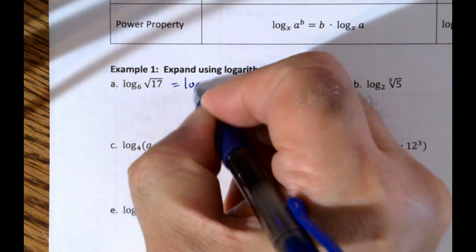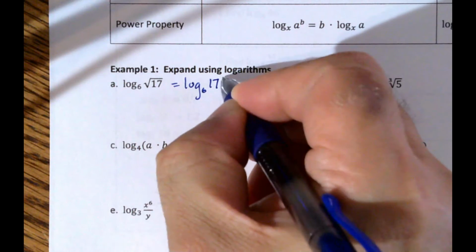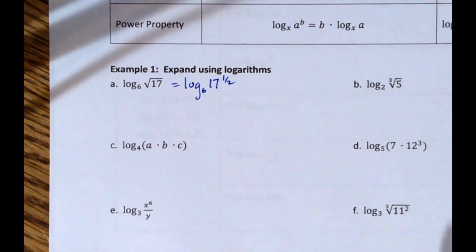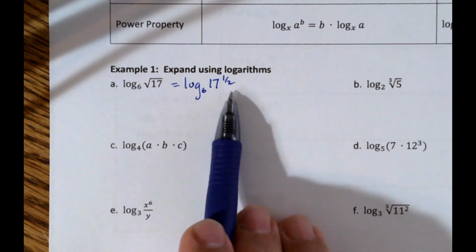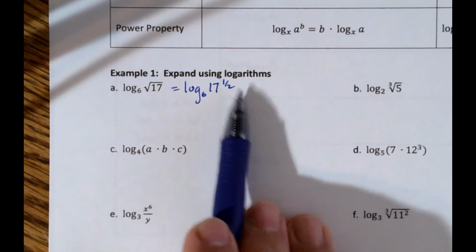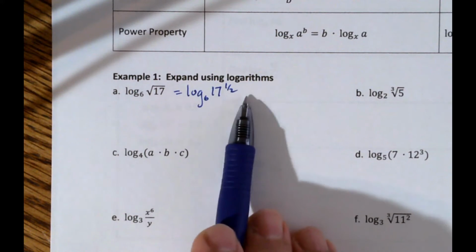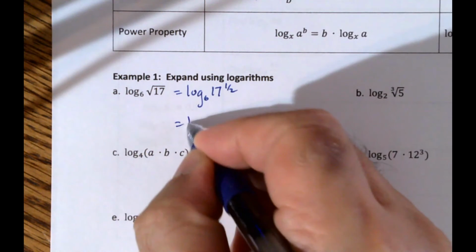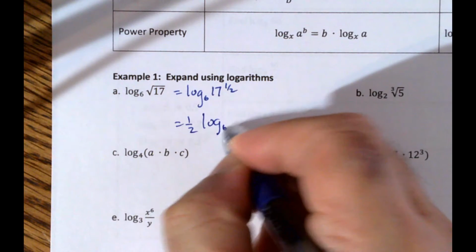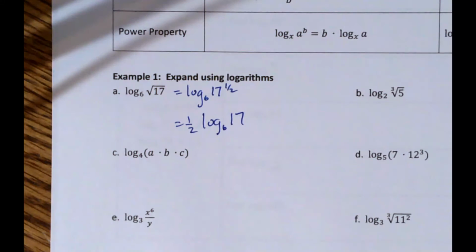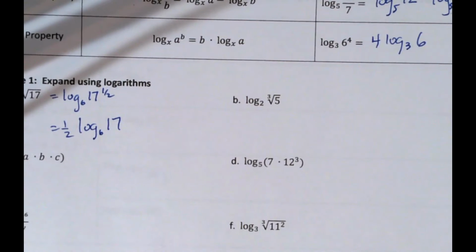So this is the same thing as log base 6 of 17 to the 1/2 power. I rewrote the square root as an exponent of 1/2. Now I'm going to use the power property and move the 1/2 forward. So that's going to be 1/2 log base 6 of 17. That's it.